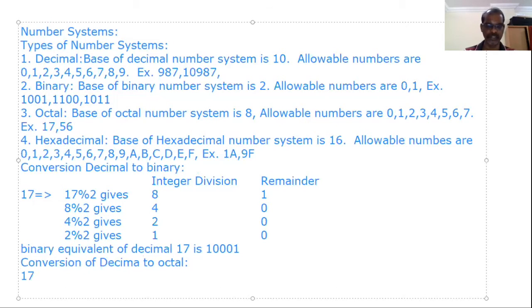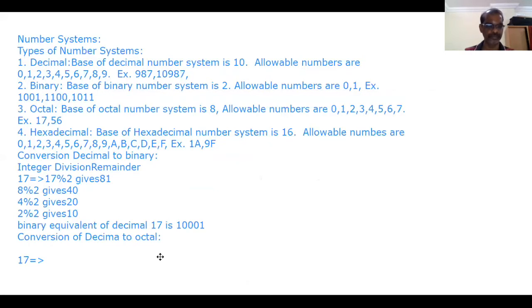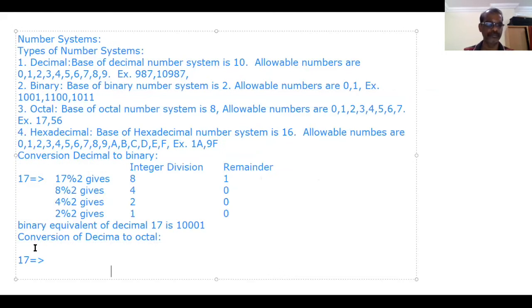Here we have 17, one decimal number, and we are going to convert it into octal.